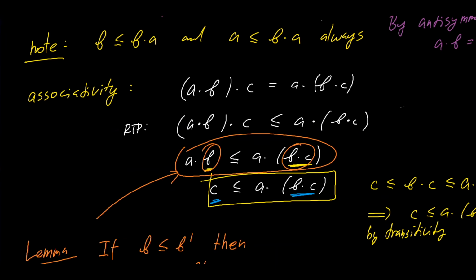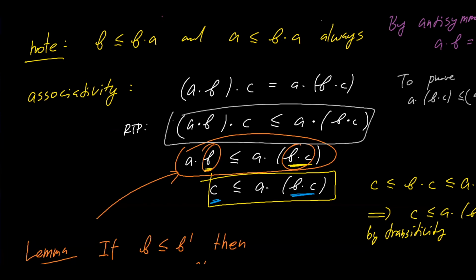If we prove this, then by commutativity we can rearrange the order of things, and so to prove that A dot B dot C is less or equal to A dot B dot C, which would be the other direction, the opposite to this direction. So we can then use anti-symmetry to prove this.